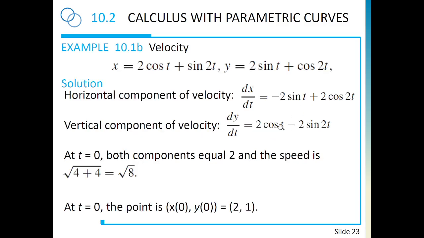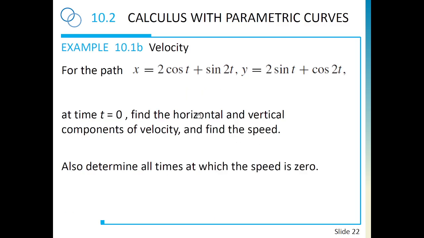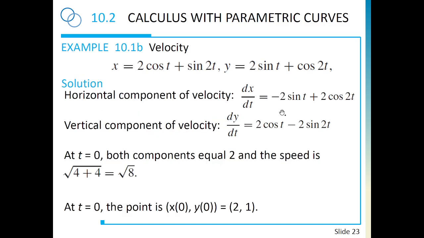So the derivatives, we evaluate them at 0, because the question was to find, at time 0, the horizontal and vertical components of the velocity and find the speed. So that's straightforward. So horizontal component of velocity, vertical component of velocity, evaluate at t = 0, we get the speed at the point x0, y0, so at the time t0. So the point is (2, 1). In that point, the speed of the moving particle is √8. So that's a straightforward computation.